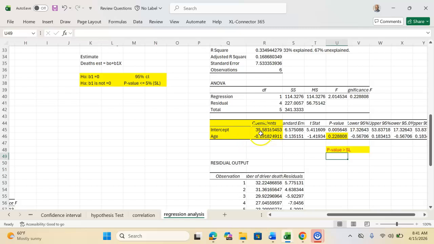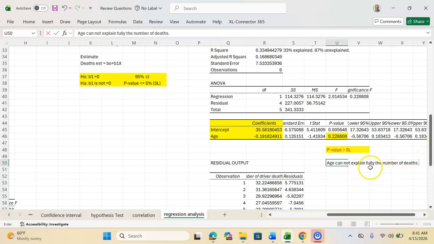However, we cannot make such a judgment because the p-value shows that age is not really significant. So our conclusion is that age cannot fully explain the number of deaths. So that is the answer.